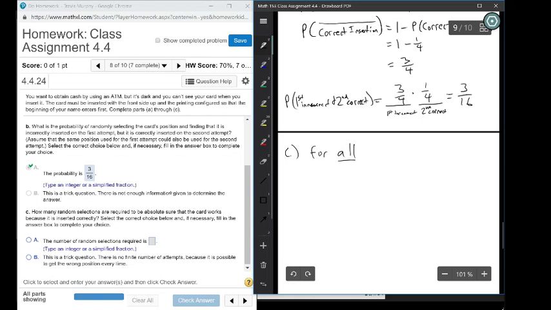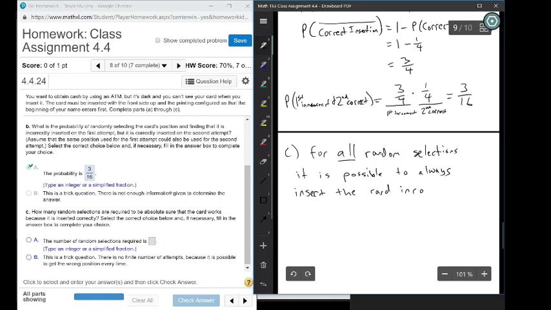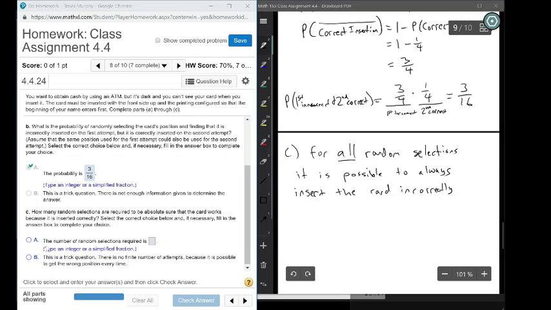For all, emphasis on all random selections, it is possible to always insert the card incorrectly. So this would be a trick question.